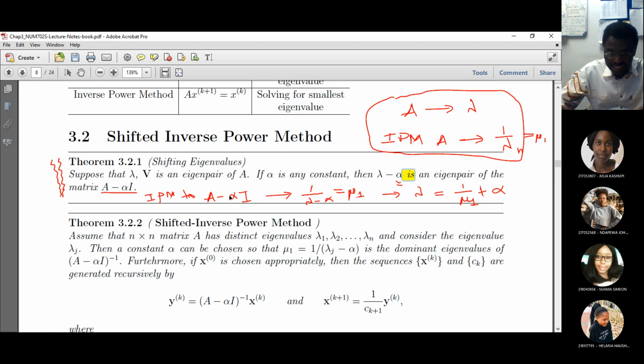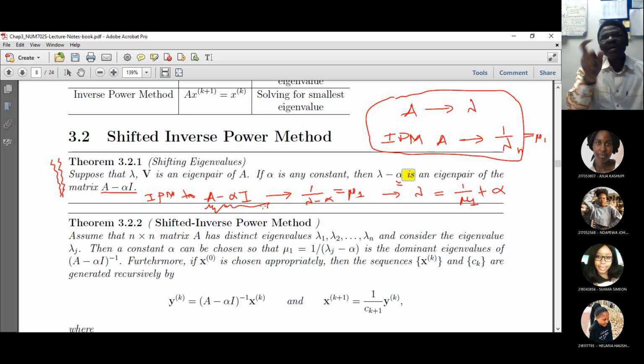In this computation, I don't know lambda. What I know is alpha, because the inverse power method will be applied to A minus alpha identity. I don't know the eigenvalue.